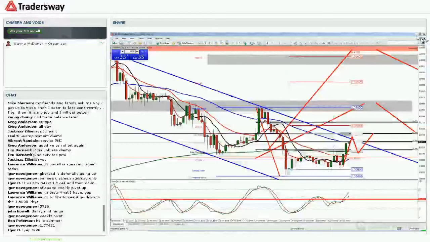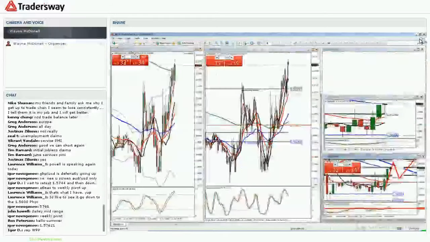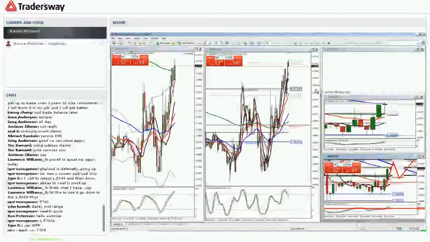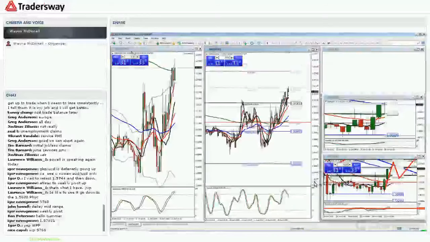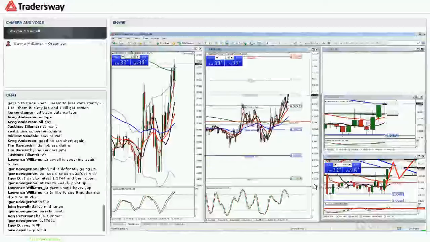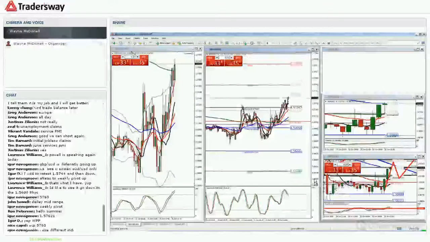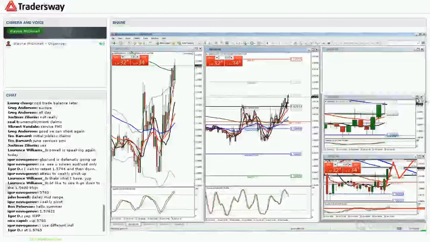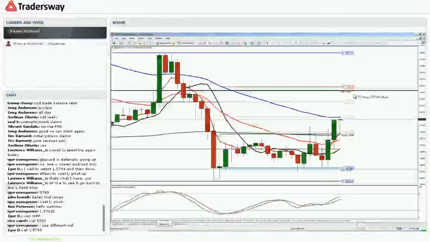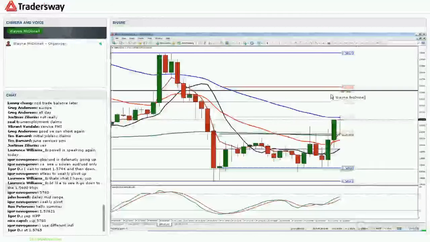Let me take a look. I have daily there. Weeklies on this? Oh, I see. There it is, 62. Yeah, all right. Yeah, that sounds good to me.